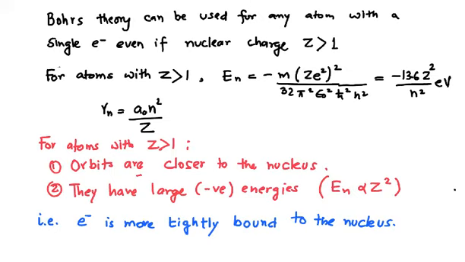So for atoms with Z greater than 1, first, the orbits are closer to the nucleus, and second, they have large negative energies. That is, the electron is more tightly bound to the nucleus.